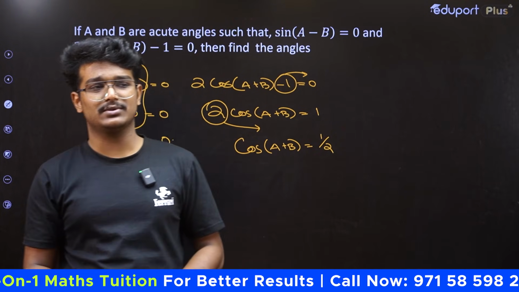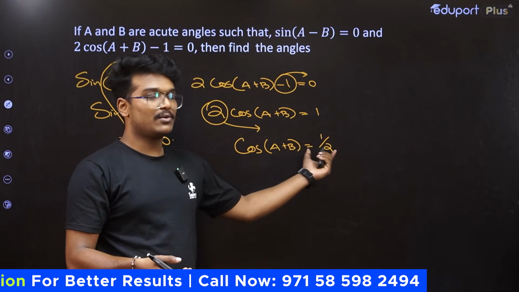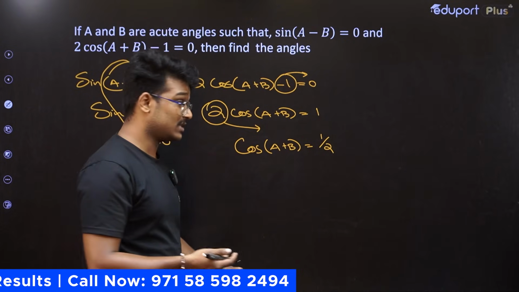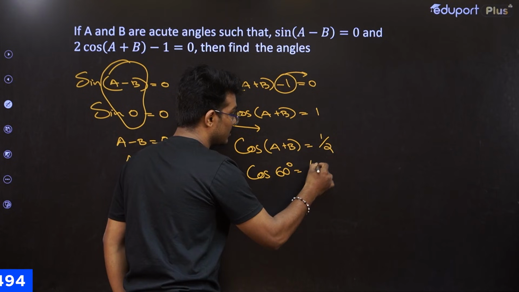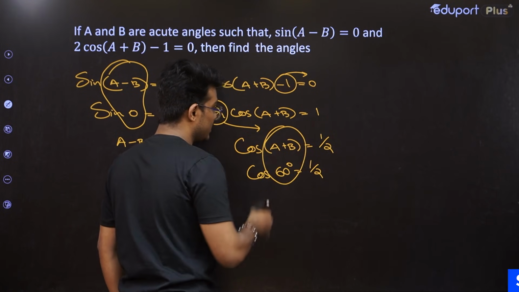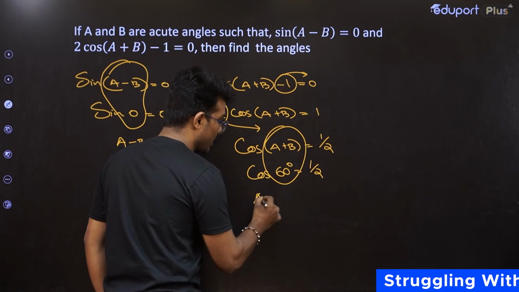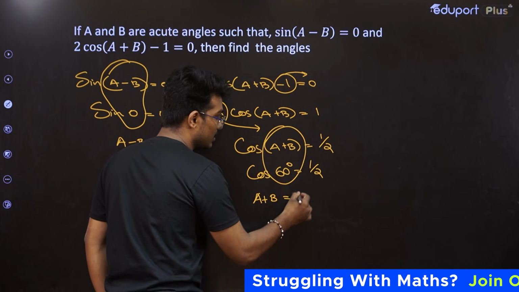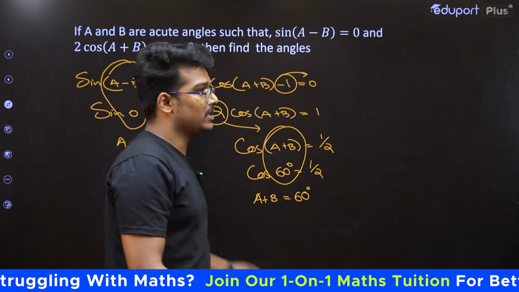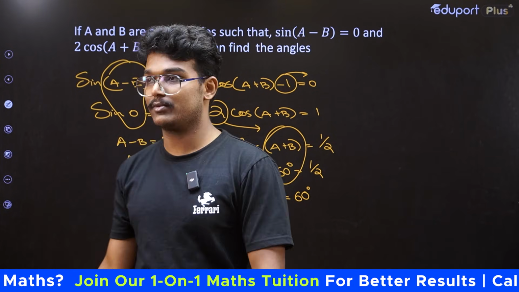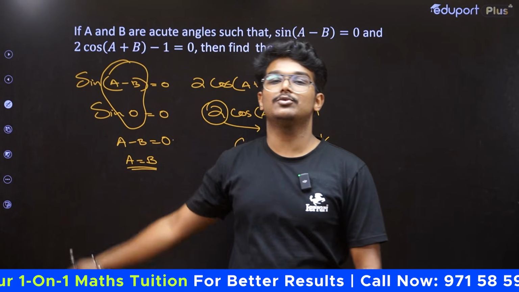So which angle's cos makes the value 1 by 2? That is 60. We know that cos 60 degree is equal to 1 by 2. So we can write that A plus B is equal to 60 degree. We already know that A is equal to B here.